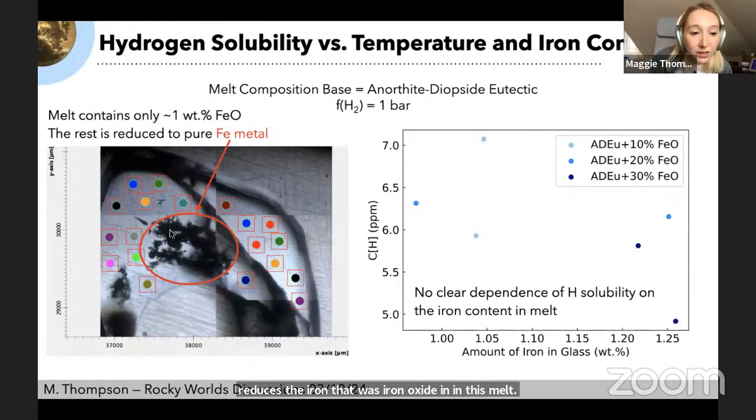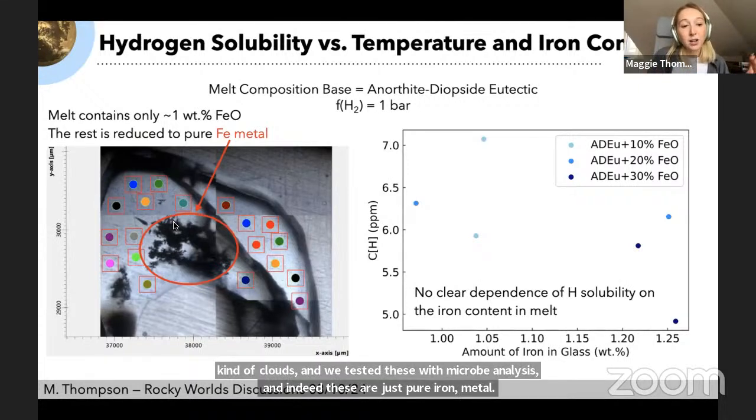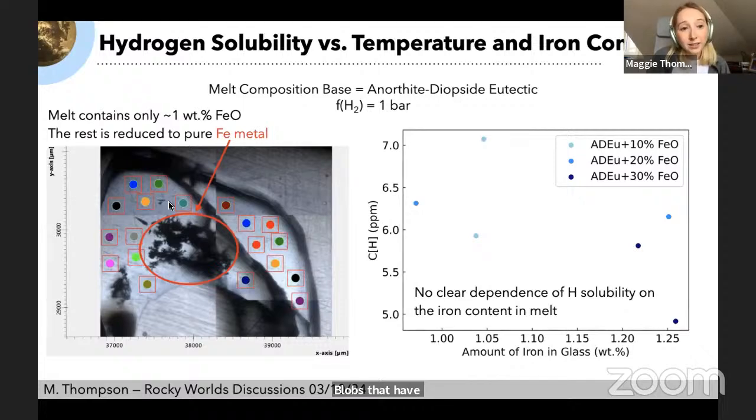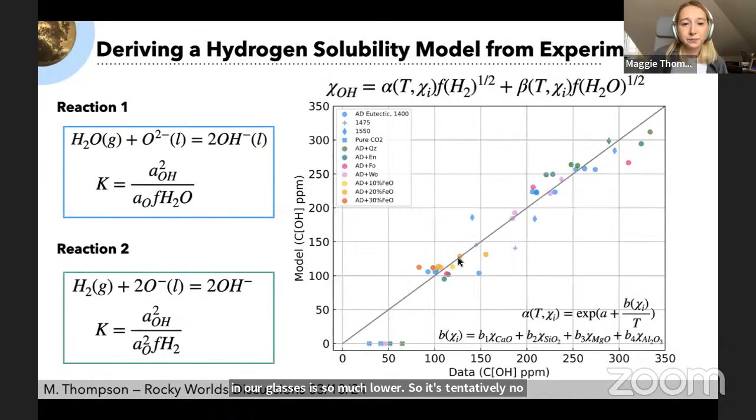And we see that with these kind of clouds, and we've tested these with microprobe analysis, and indeed these are just pure iron metal globs that have formed. And so most of your iron is trapped there. It's not existing in your melt. And so that is why the amount of iron that we actually measure in our glass is so much lower.